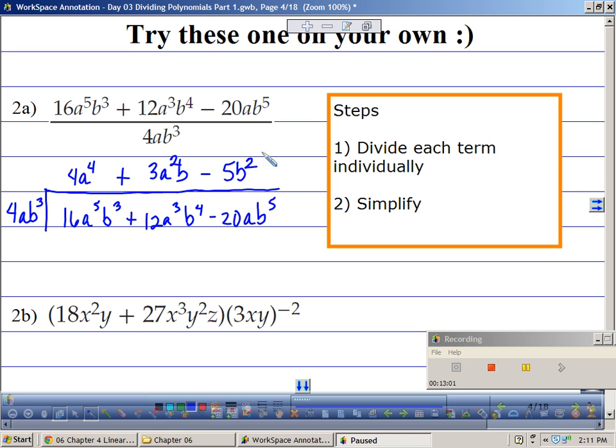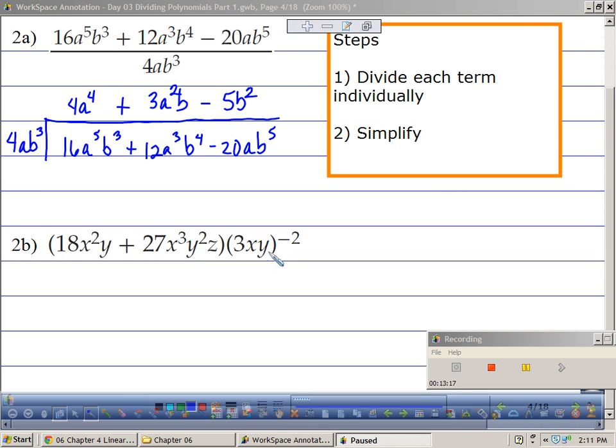Could do it that way too, right? But when you have fractions, it gets a little bit more complicated. So you should do it the other way. I just wanted to show you that the area model works. So let's do this one together.